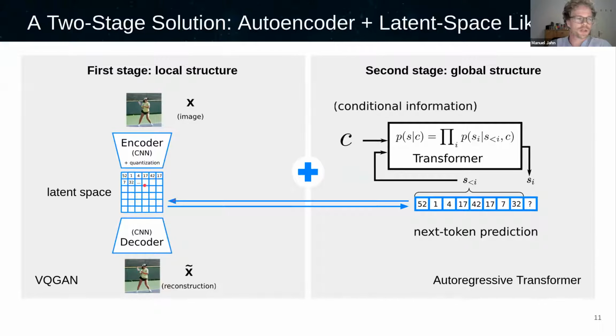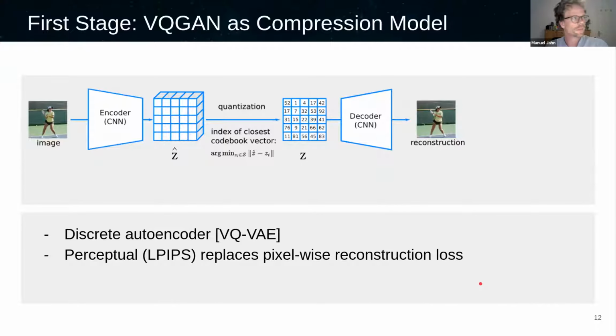Once we have established such a compact discrete representation of our images, we can model the discrete space probabilistically with a GPT-style transformer. When combining with conditional information about the scene composition, we can guide the sampling process. First, let's deep dive into the VQGAN, then later, let's take a look at the transformer.